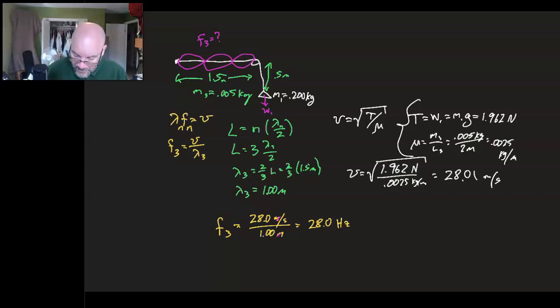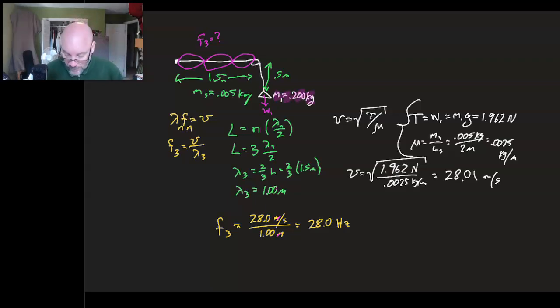Now, one more thing to think about. I want you to sort of expand your mind a little bit, in that we could go in all different directions. It could be like, given the frequency and given the wavelength, how much mass do we have to have down there?